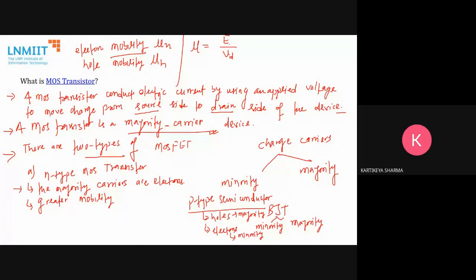Yes or no? Yes. Sir, it should be V drift upon electric field. Okay, mobility. Okay, good. V_d, drift velocity, upon E, right? Good.